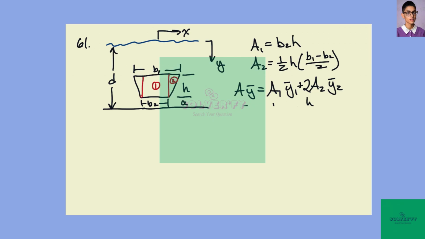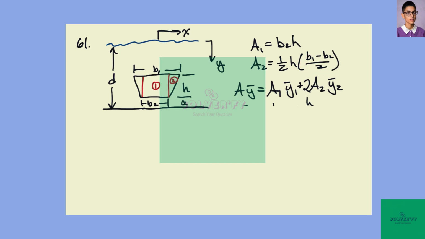You could do it in terms of two triangles here and here too, but I thought it's easier for this. So the area of this region is B2 times H, and the area of one of these regions is 1/2 H times (B1 minus B2) over 2. So this distance here is this value.